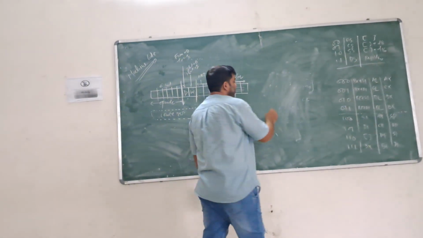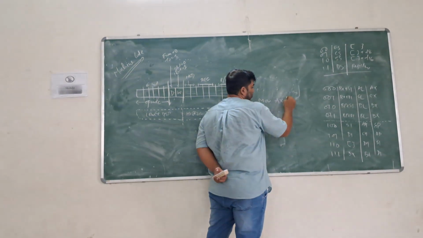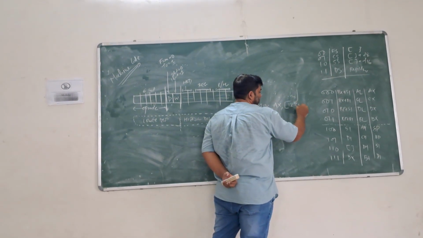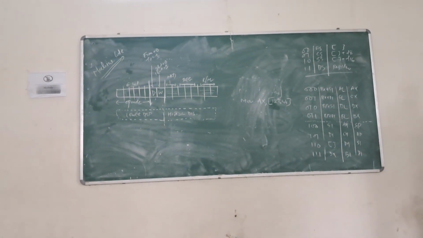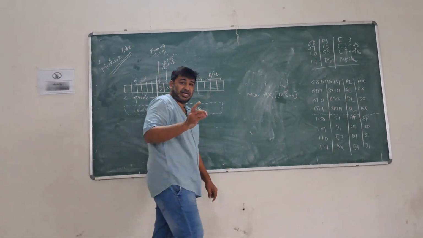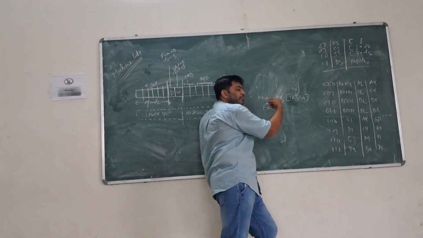Now, suppose my instruction is MOV AX, [1234H]. Okay, now this is my instruction. Concentrate. What this instruction is trying to do is transfer data from memory.